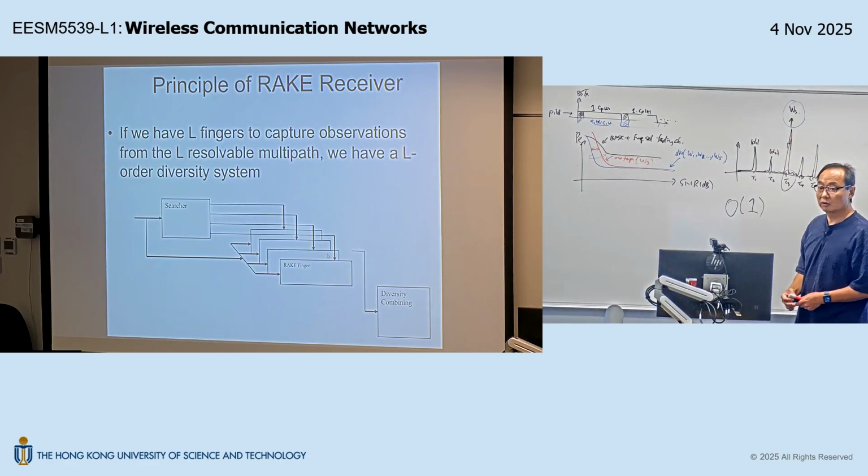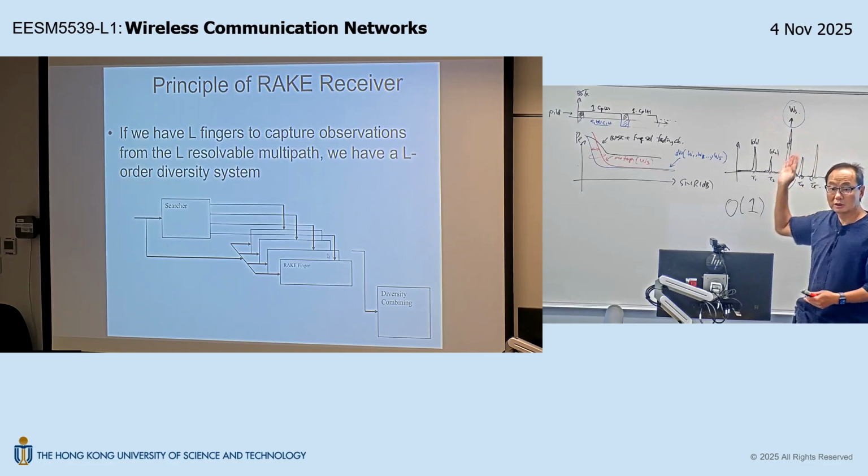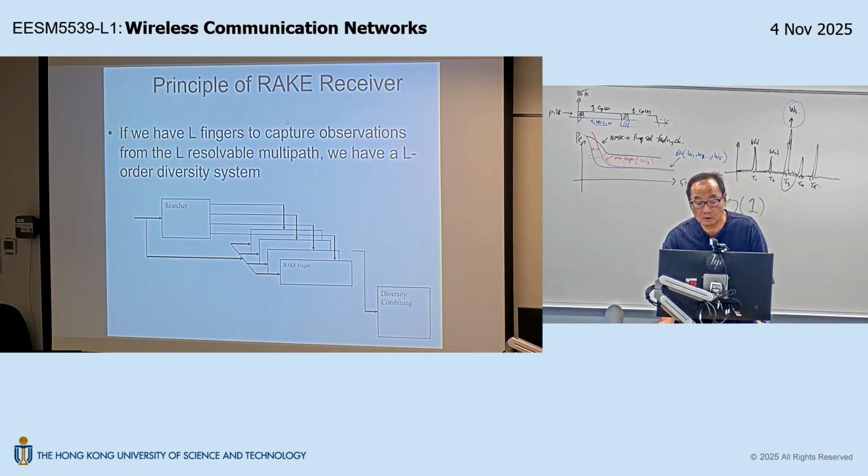Okay, if the number of paths is more than the number of fingers you have, you just select the strongest from the available candidates. By selecting the strongest, you are already exploiting the full diversity order. Okay? Any questions? Now, that is basically the principle of the rake receiver. So it's very flexible and very low complexity.